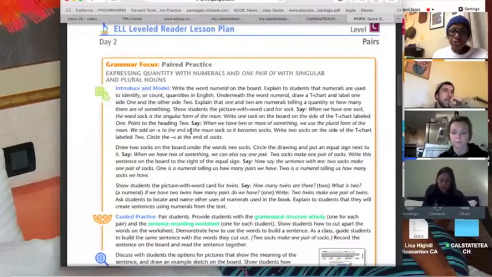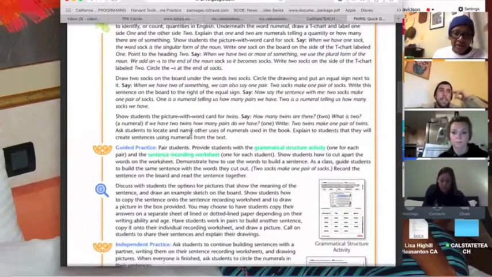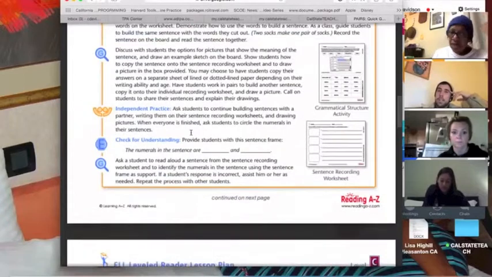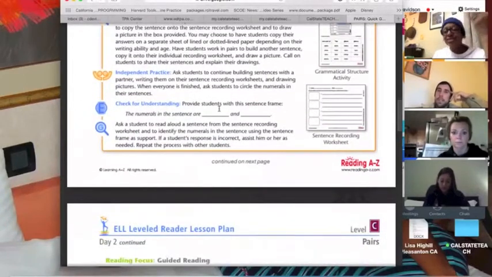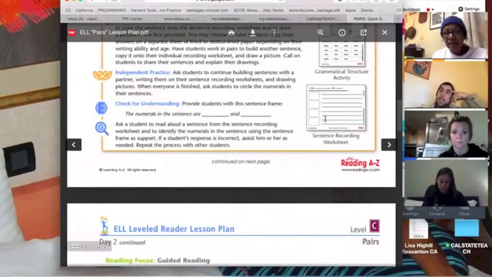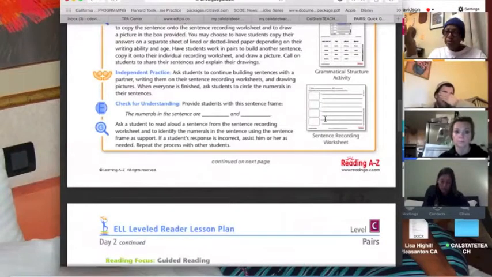And it walks you through. It tells you the models, the guided practice, the discussion, the independent practice, and the check for understanding. And here you have activities where they can record the responses that you now will be able to use as your evidence.